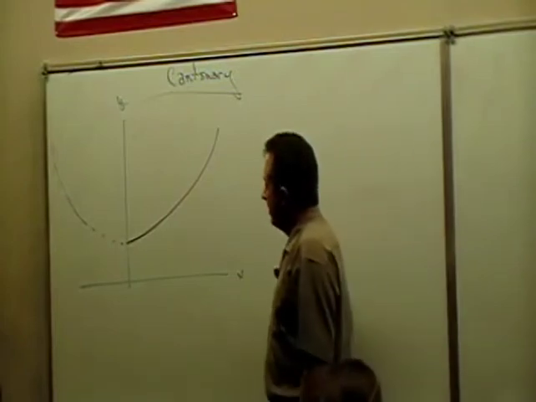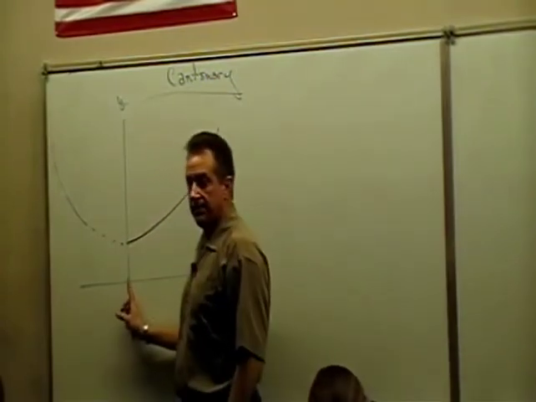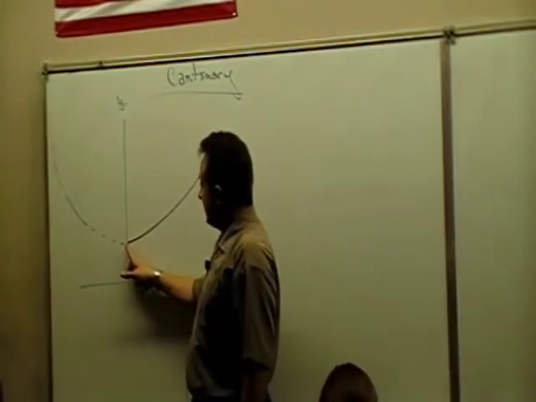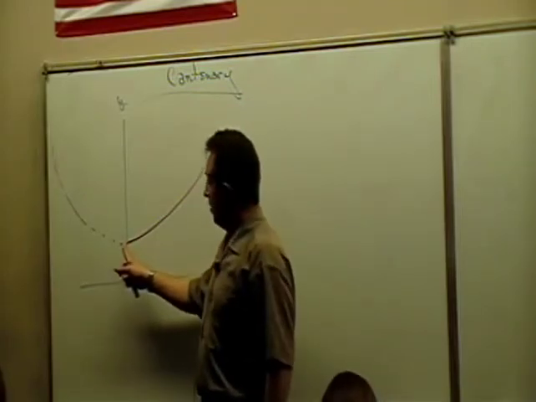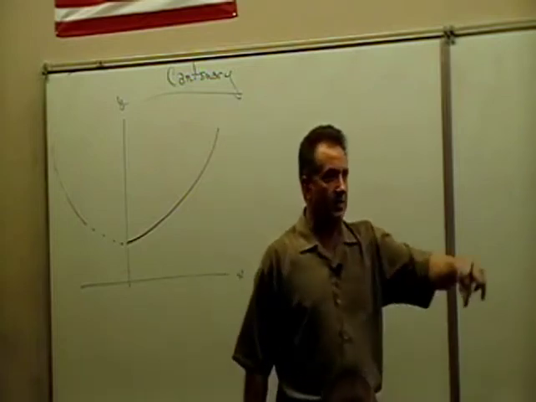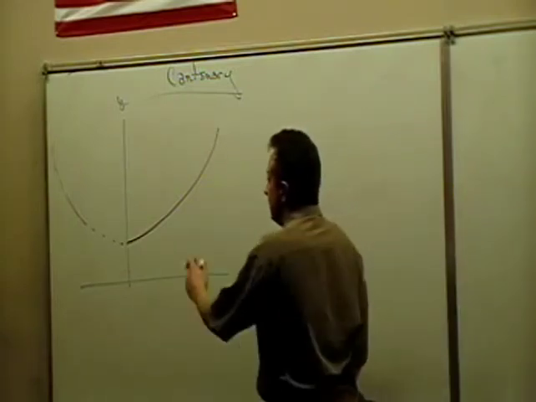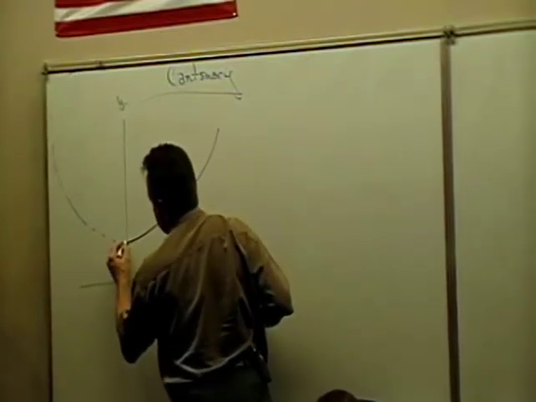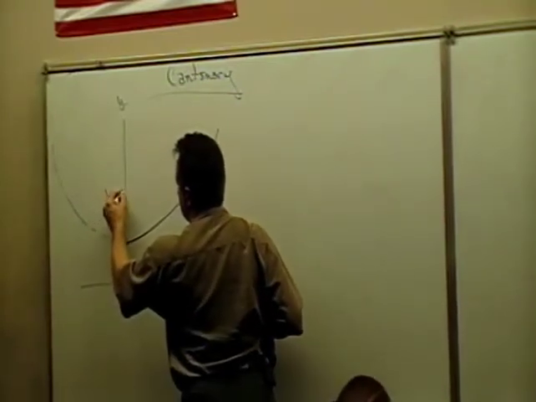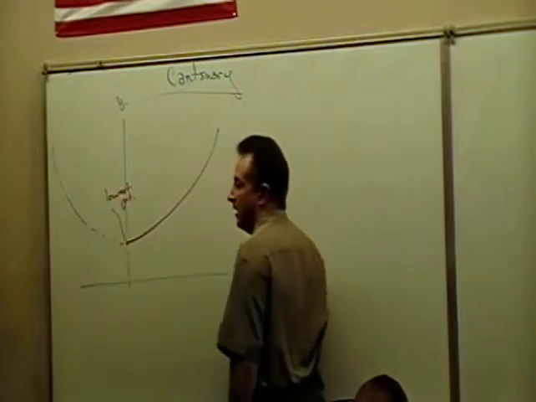And I'm going to center the y-axis such that the y-intercept will intercept, obviously, the lowest point on the catenary, the sagging cable. All right, so right here is the lowest point of the cable.